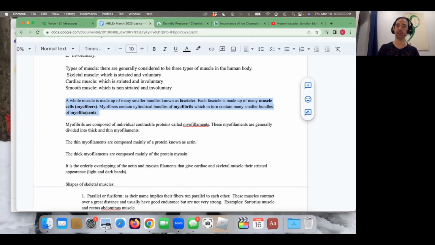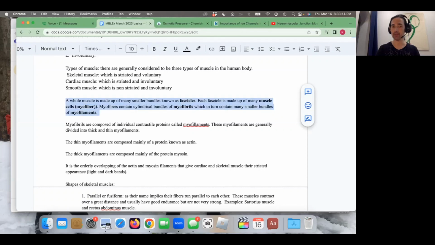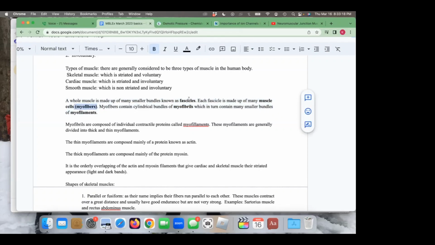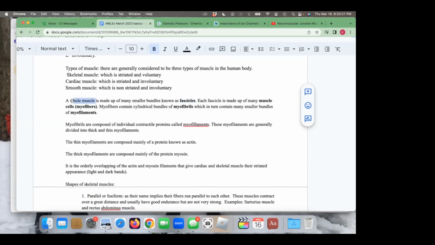So myofilaments make up myofibrils. Myofibrils make up myofibers, which are the muscle cells. And muscle cells make up fascicles, and fascicles make up whole muscles.